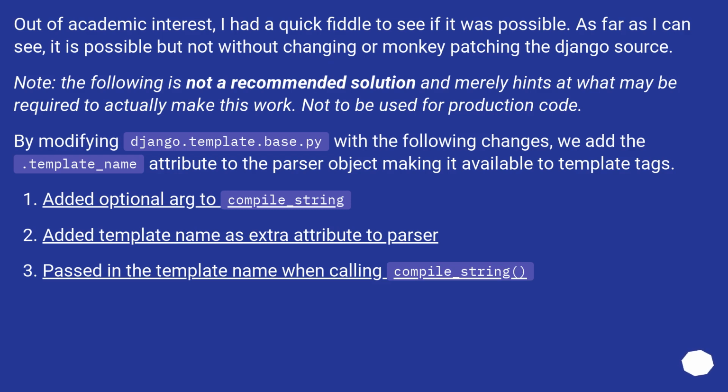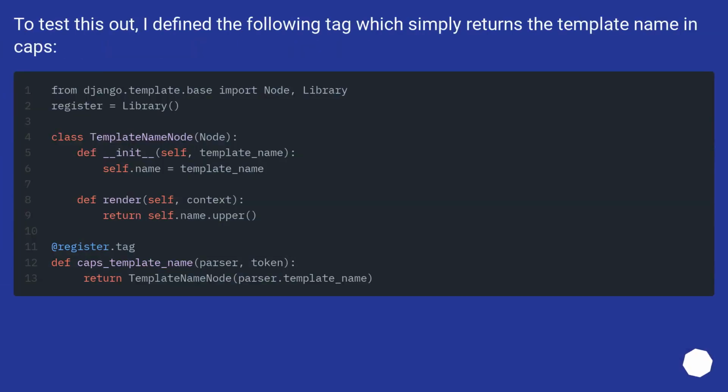Added optional arg to compile_string. Added template name as extra attribute to parser. Passed in the template name when calling compile_string. To test this out, I define the following tag which simply returns the template name in caps.